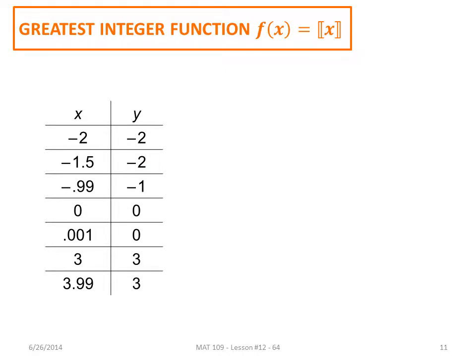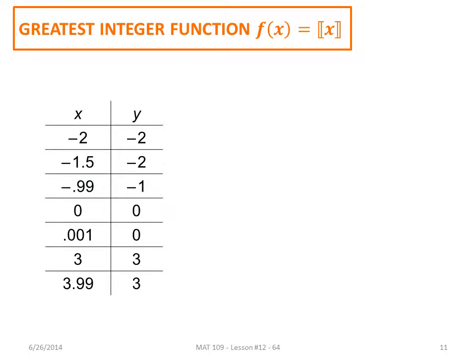Therefore, the value of the greatest integer function at -1.5 is -2. If I go to -0.99, that's not an integer, so I have to move to the left. Moving to the left, the first integer I find is -1. So the value of the function at -0.99 is -1.